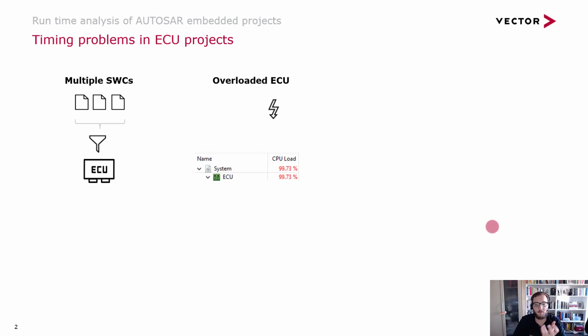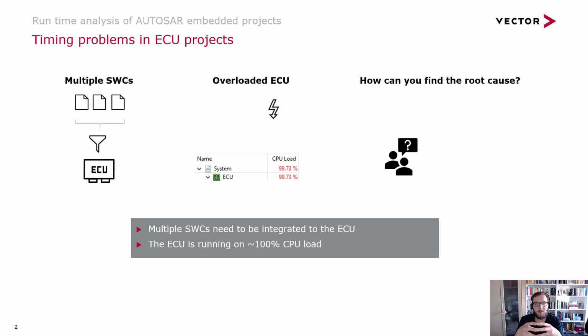And now your task somehow is to find the root cause of this, to find out what is causing this high load and how the different parts of this ECU are interacting with each other. So with these multiple software components integrated and a high CPU load, you very often have the problem that you can't really determine where the load is coming from.